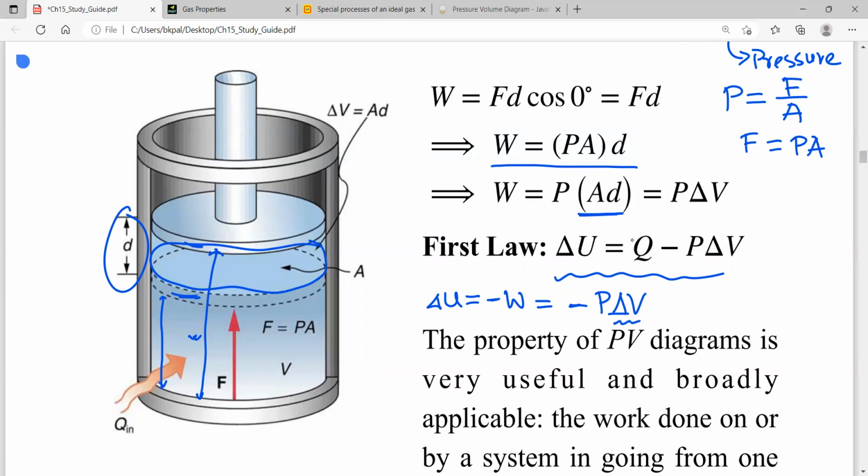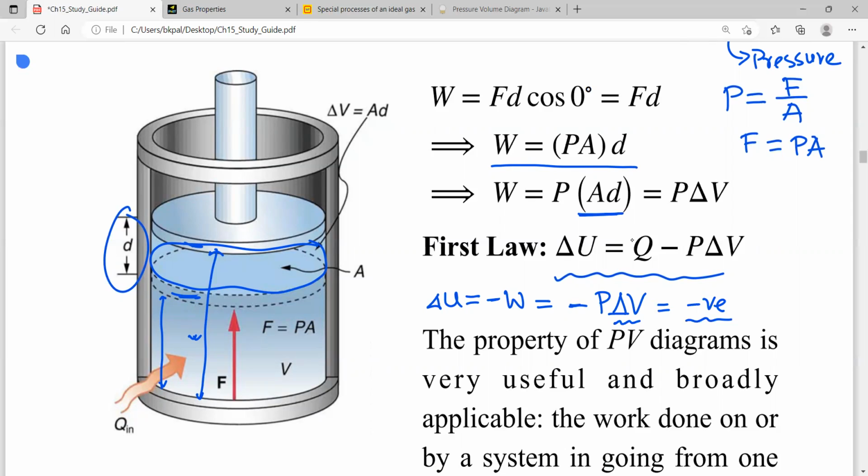So when a system expands, delta V is positive, which means the right hand side is negative. Negative delta U means a decrease in the internal energy, and also the temperature. That's why when adiabatic expansion happens, the temperature of the system decreases.